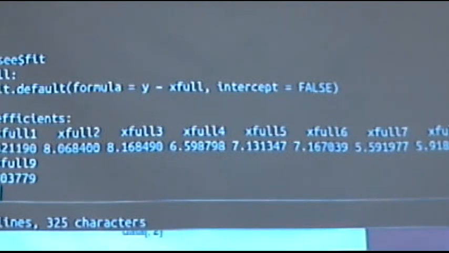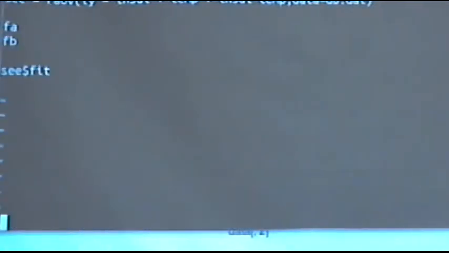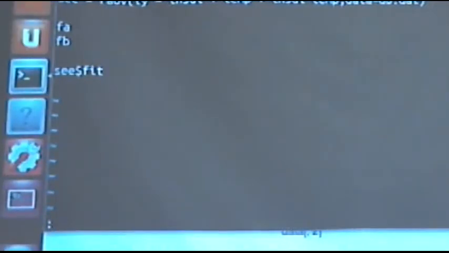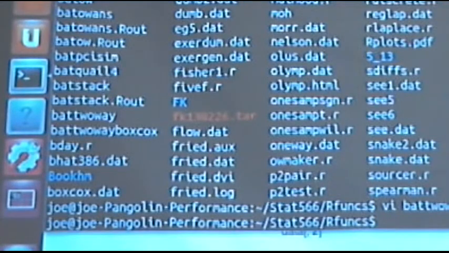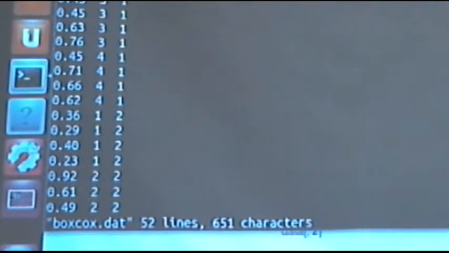Let's look at a very famous data set, it's called the Box-Cox data. Now, 48 animals were exposed to 4 treatments and 3 poisons. It's not good news.